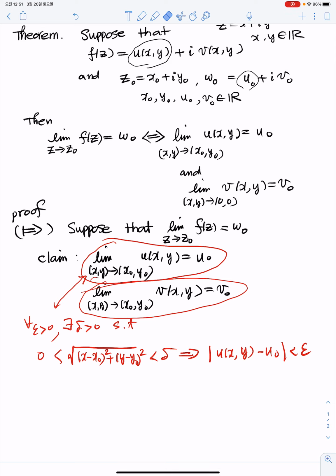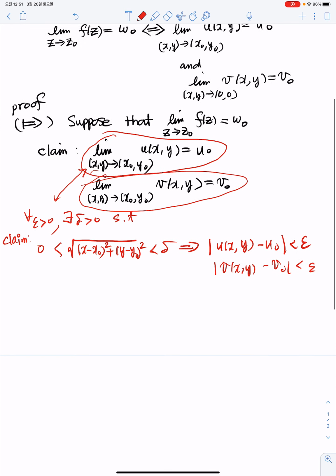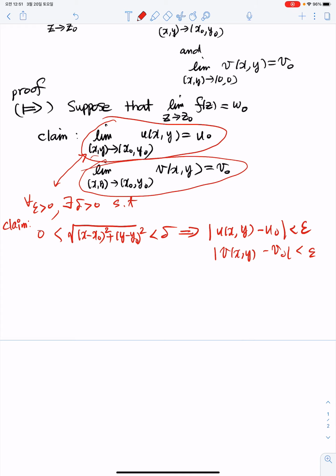Okay, so how do I show this one? This is our claim, two of them: also we need |v(x, y) minus v0| less than epsilon. In order to prove this, you always start with: let epsilon be positive, given. Then we assume that the limit of f(z) as z converges to z0 equals w0.